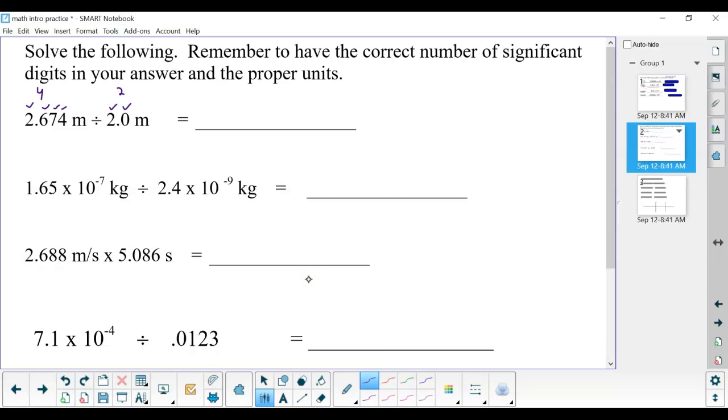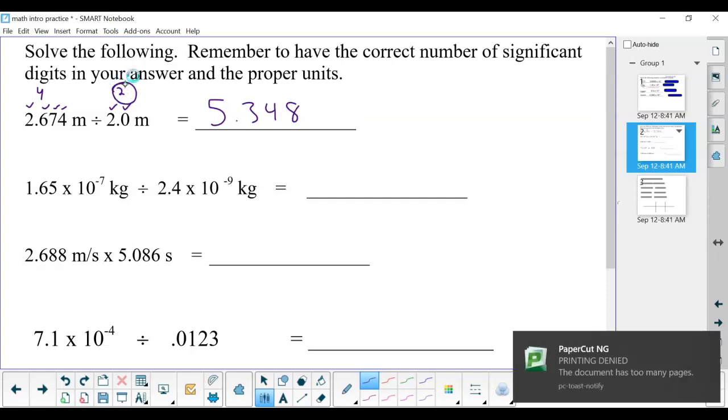Let me quickly grab a calculator. When I multiply those, 2.674 times 2.0, I get 5.348. But I need to round this to 2 significant digits.